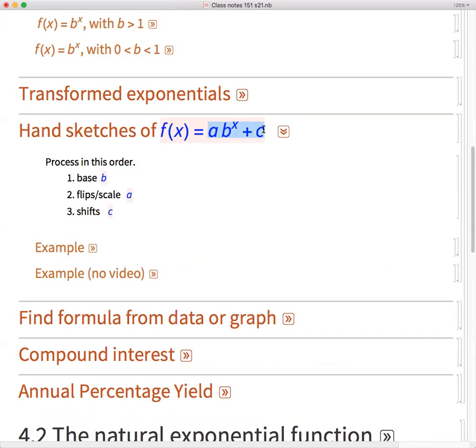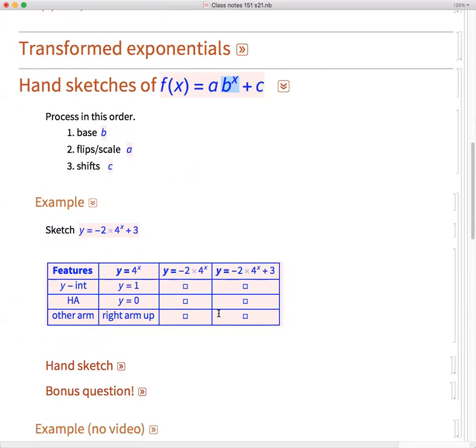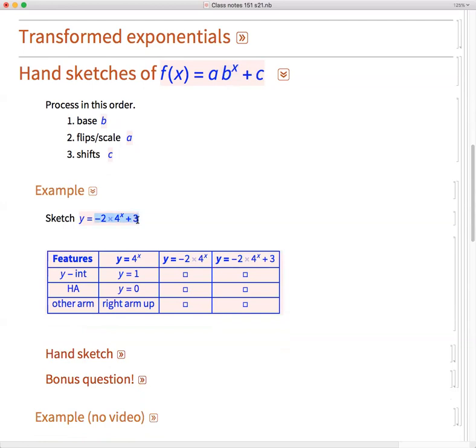When you're asked to give a sketch of a transformed exponential of this form, try to process the 3 numbers, the b, the a, and the c, in this order. First, focus just on what the base is, and then look at the a number and then the vertical shift. Okay, so we're going to give a hand sketch of this graph, and it has this form.